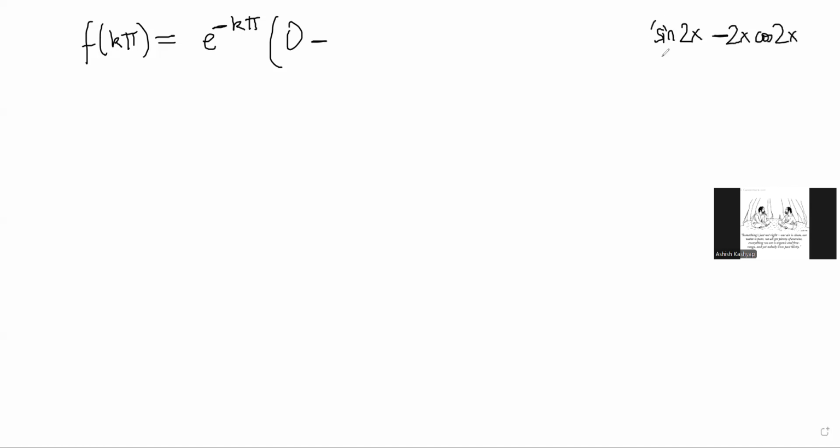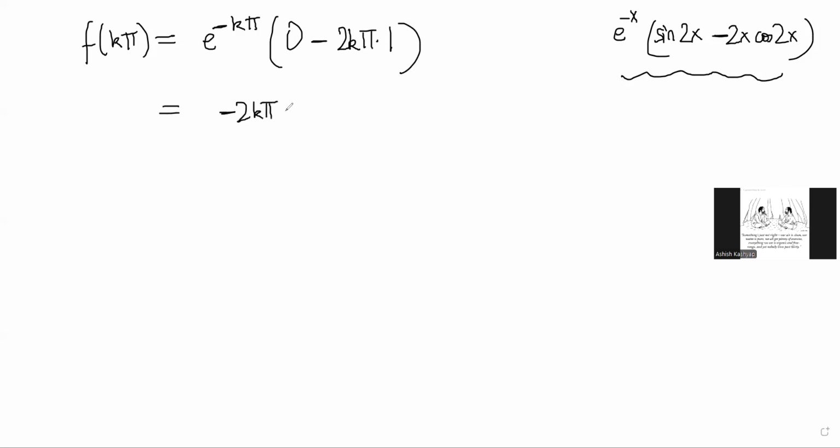My function was e^(-x) times that. So it will be minus 2kπ, and cos 2kπ is 1. So what I'm getting is -2kπ e^(-kπ). This is equal to f(kπ).